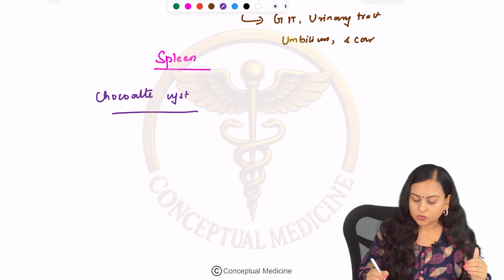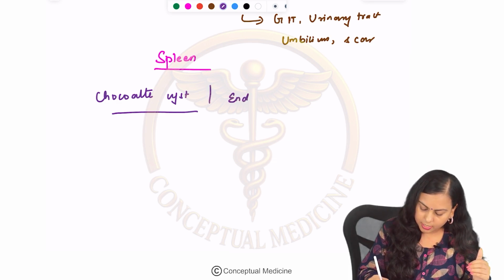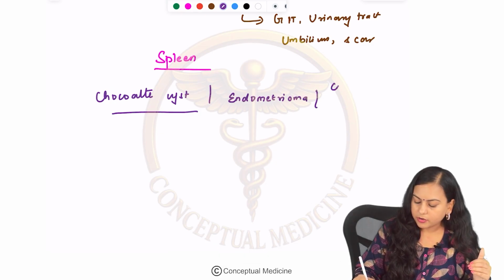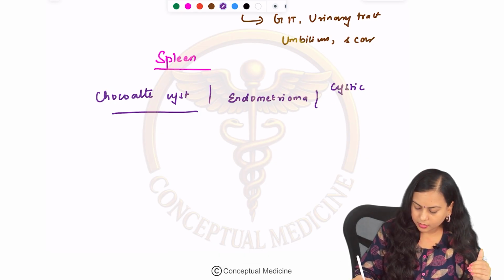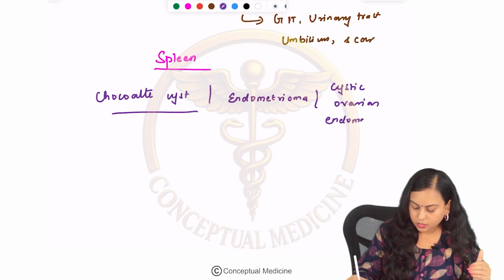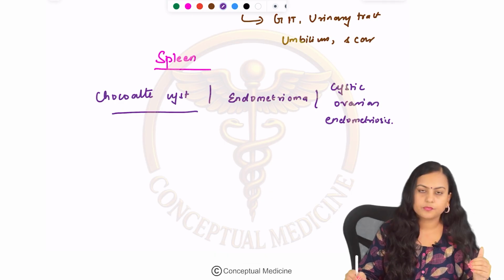So this is also known as endometrioma or cystic ovarian endometriosis, okay.